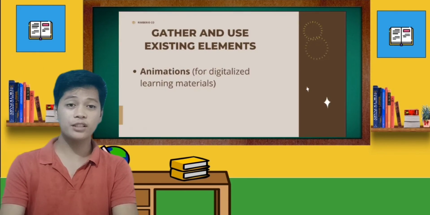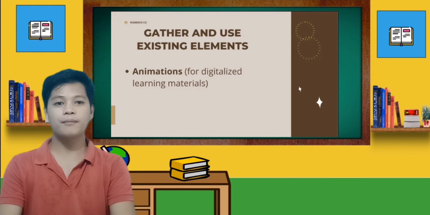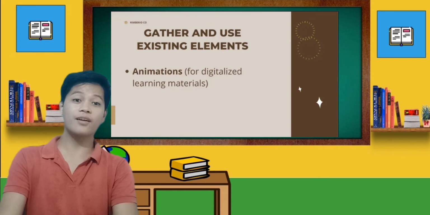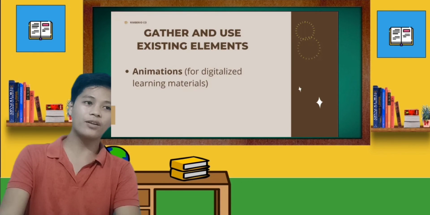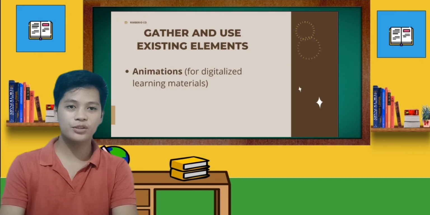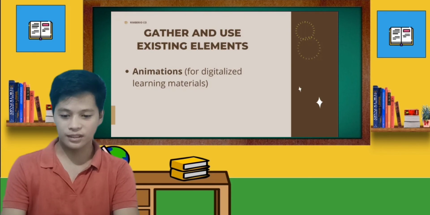Third is animation. This is for digitalized instructional or learning materials. Like I said earlier, we are in blended learning, where we enter the online world and use different platforms to produce our instruction, discussions, and lessons for our learners.